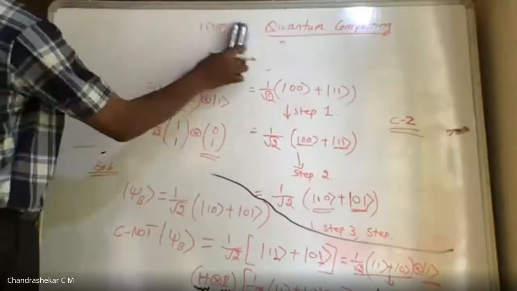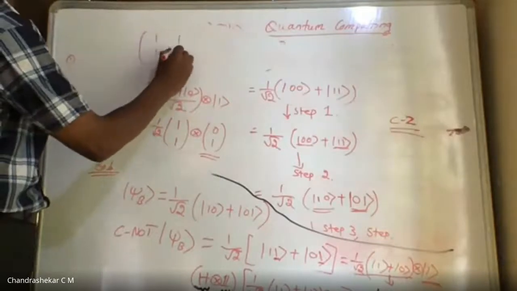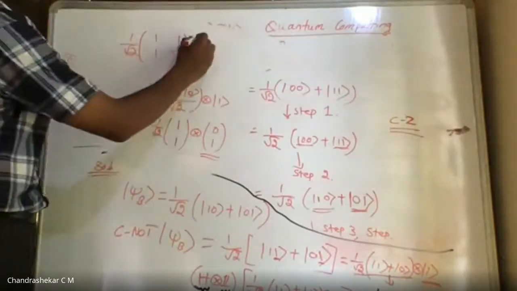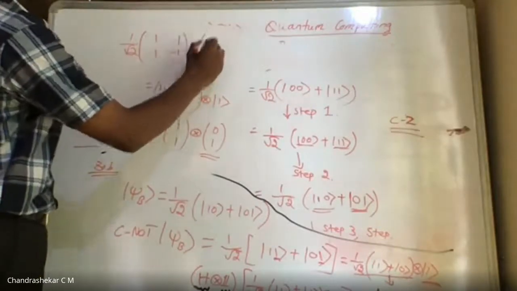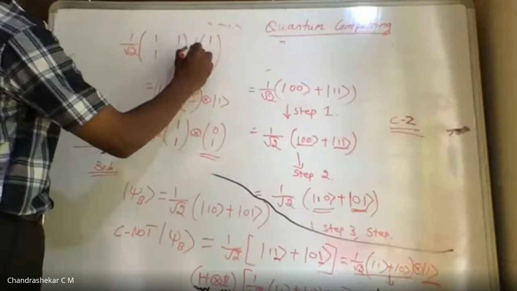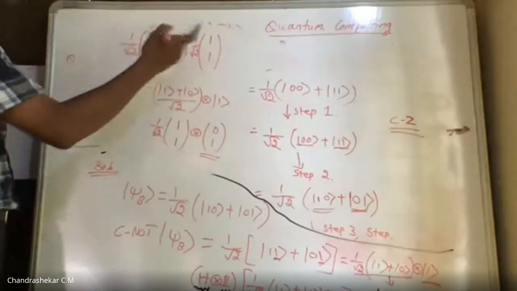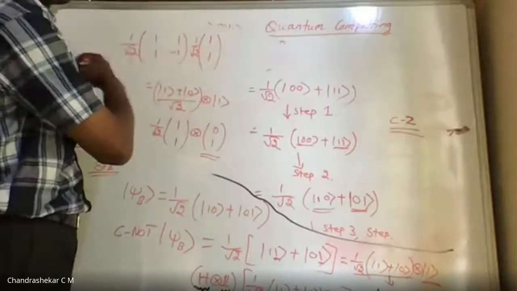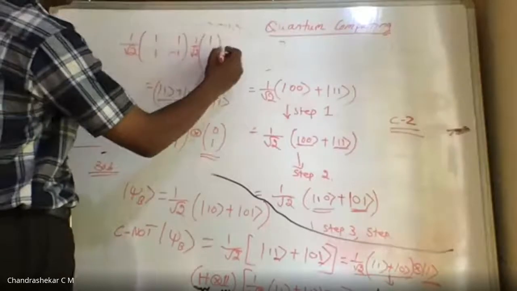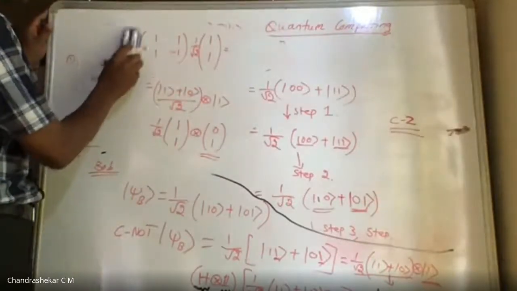My Hadamard operator is 1 1 1 minus 1 divided by root 2, and this acts on 1 and 1. And this also is 1 by root 2, so you can always take them out, or you can always multiply them.